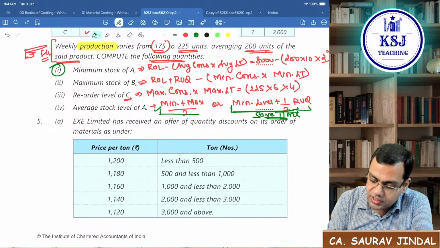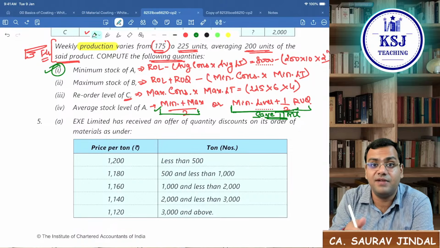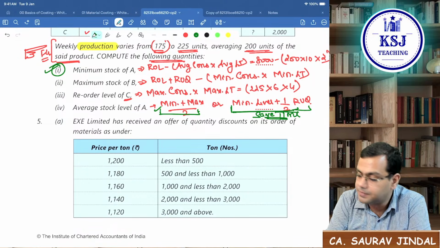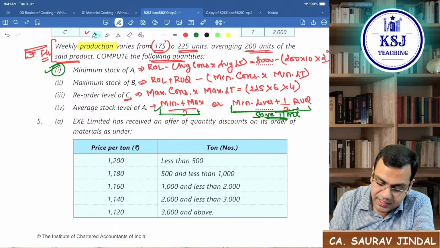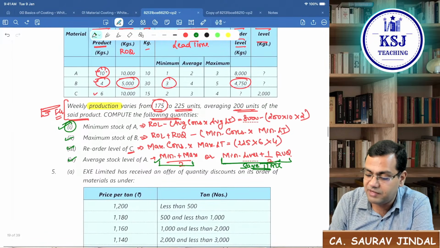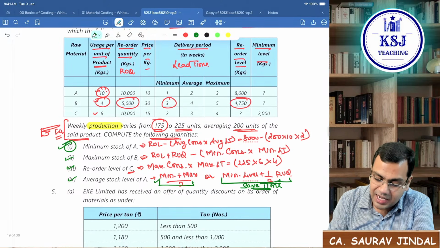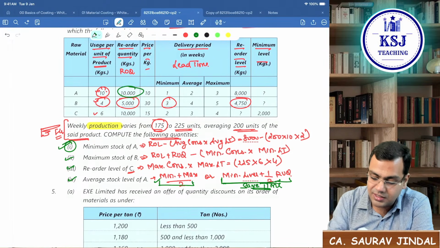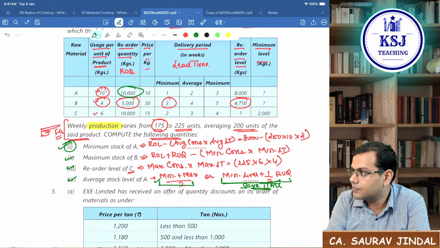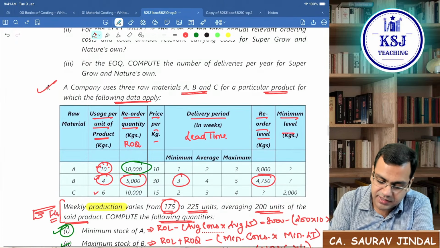For this question, minimum level you have calculated, but you will have to first calculate the maximum level and then apply this average level. So this is another learning on how to save time in the examination. If you see minimum level plus half of ROQ, minimum level is already calculated in part 1, and ROQ is already given to you, this 10,000. So mark it as another important question from the examination point of view.